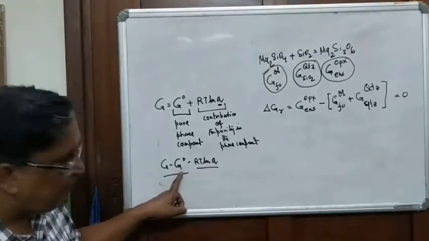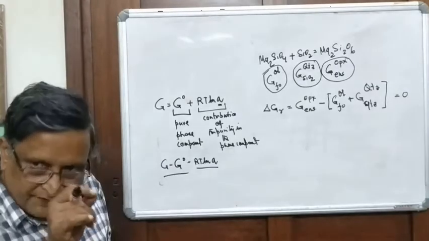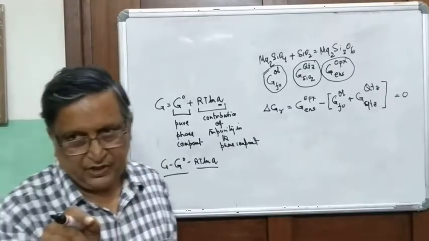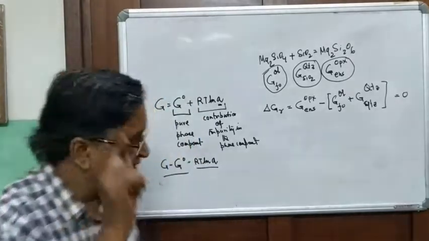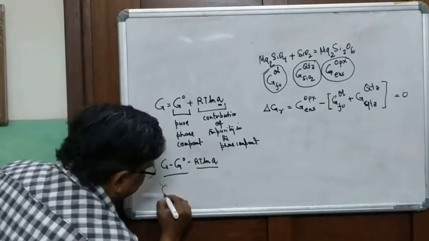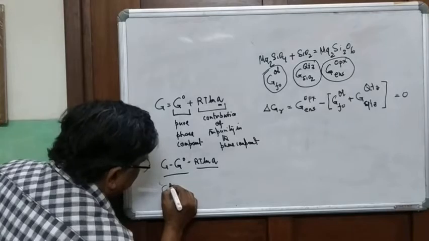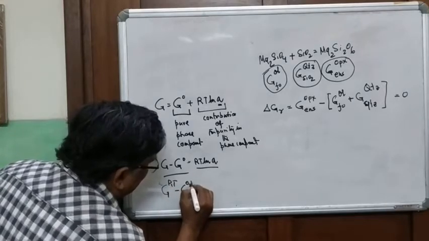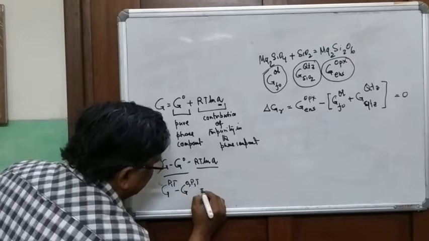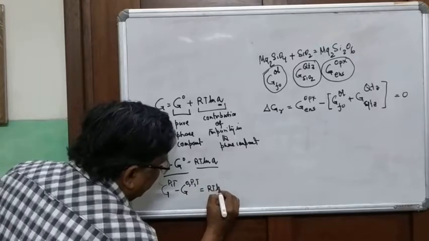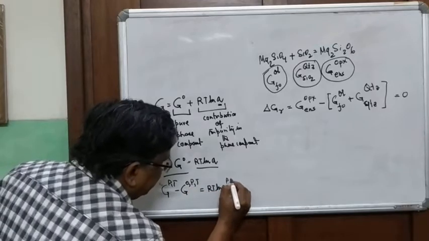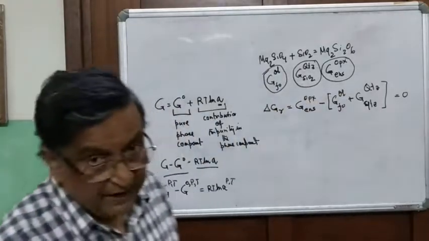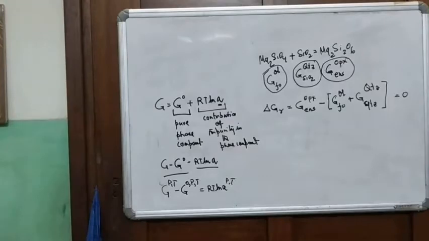And G0 is the free energy of the phase component if it were pure at that pressure temperature condition. Please remember, this is very important. If I write it exclusively, it should be G at PT minus G0 at PT is equal to RT ln activity at PT. That's how it should look, if I have written it correctly.